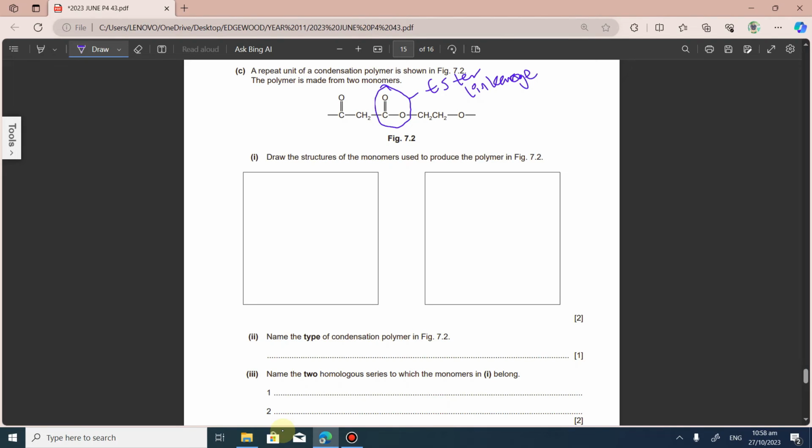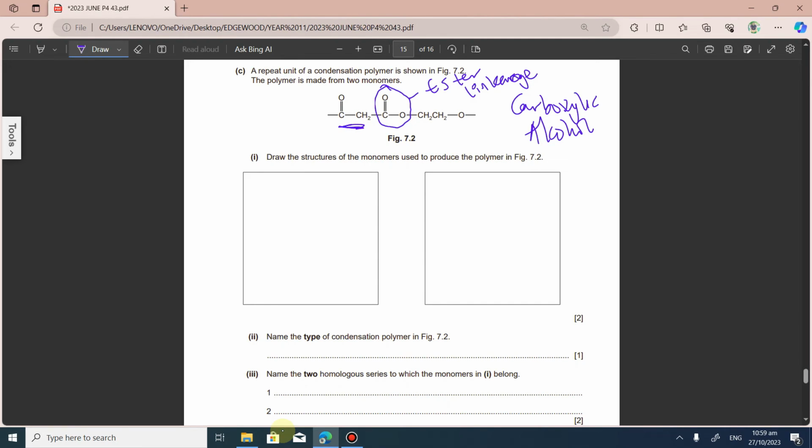All right, now in this case, we now know the two monomers that make up this polymer. Because there's an ester linkage, it means that there is a carboxylic acid somewhere and there is an alcohol somewhere. So the carboxylic acid is simply this from this left hand side.